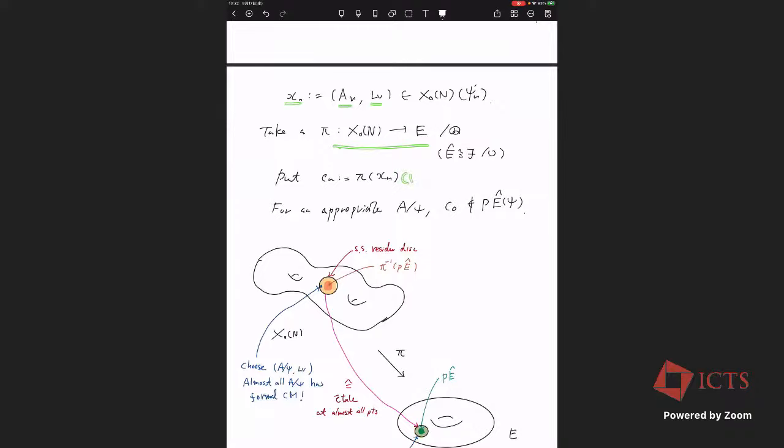Maybe I should multiply by p to the power n squared. Then for an appropriate choice of formal CM curve A, we can show c_0, ..., c_n satisfies condition 2.